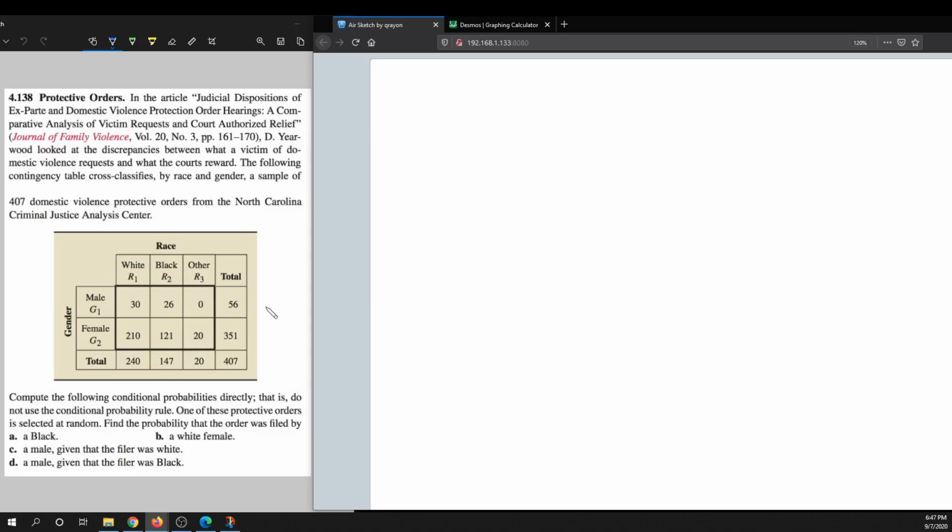what we're going to do, right, in part A, this is not a conditional probability, okay? It's just a straight probability like we've been calculating before. And so what we would do is, we've got this column right here for black, and we can look down at the totals of that column, and we see 147 people.